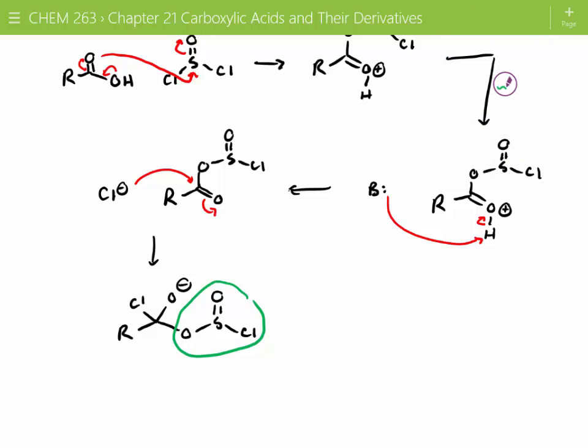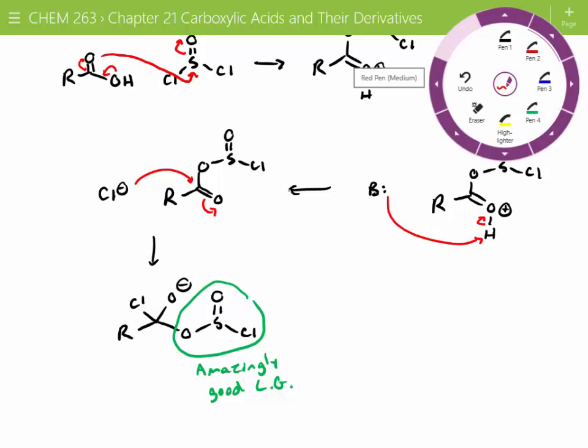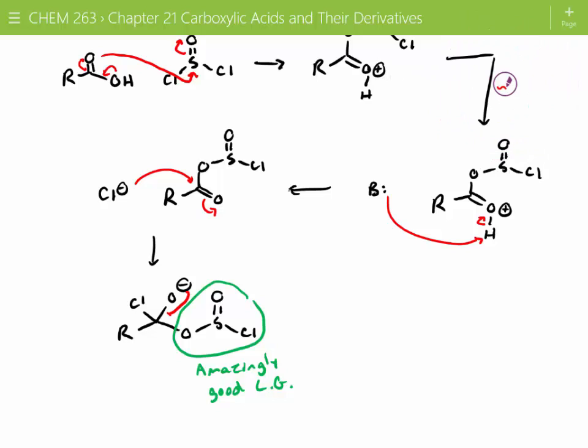This is an amazing leaving group. In fact, normally you would want to push the lone pair down from the oxygen and kick off the chlorine, but in this case it outcompetes that. And we kick electrons over here. Now we end up with our acid chloride.